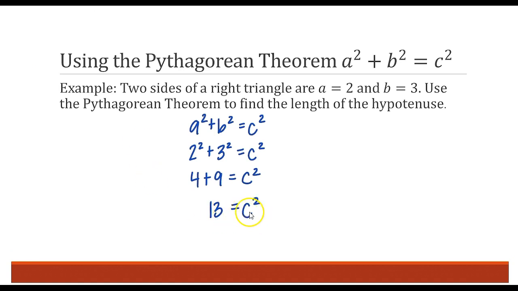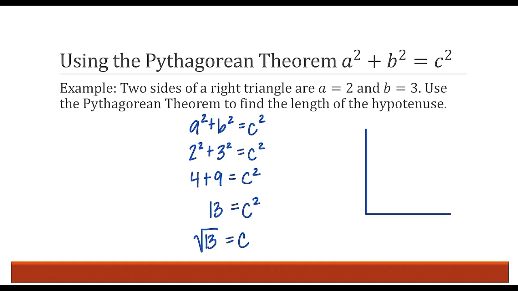So now we end up with the fact that c squared equals 13. So that must mean that the value of c is the square root of 13. So c is equal to the square root of 13, because we're talking about a right triangle, so the side lengths have to be positive.